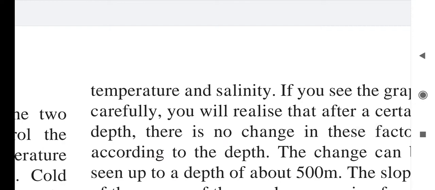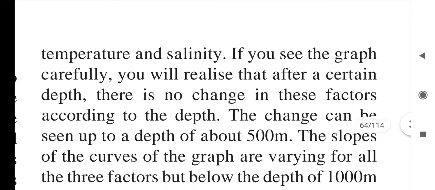So here it is said that the density of water is dependent on temperature and salinity.